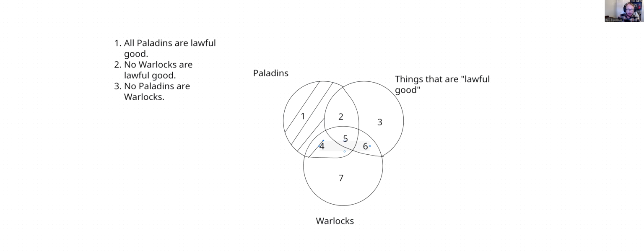The reason is that if you're in 1, say you're one of these D&D characters in 1, well, you would be a paladin, but you wouldn't be lawful good, right? Because you're not in this lawful good circle. And if you're in 4, you'd be a paladin, but you're also not lawful good. And this statement says all paladins are lawful good.